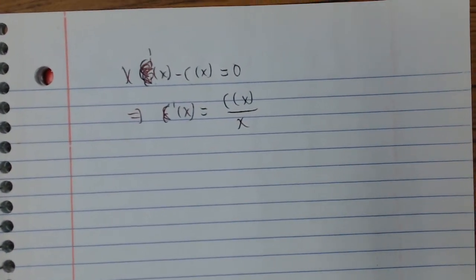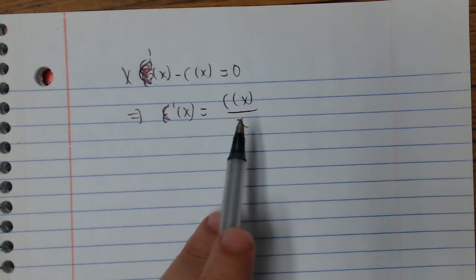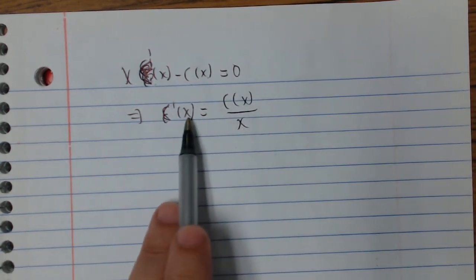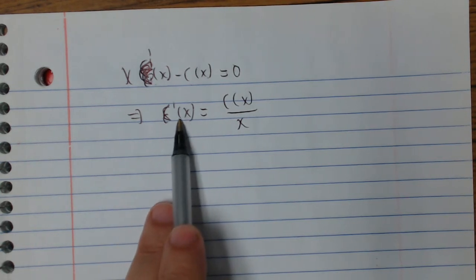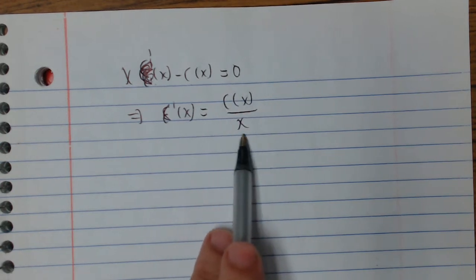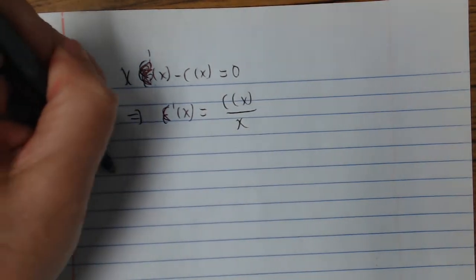Actually we start getting something really interesting out of this, because what do I notice here? If we have a minimum of our average cost, what's capital C prime of x? Isn't that my marginal cost? So what do you notice? Your marginal cost equals your average cost. So here's what we could say.